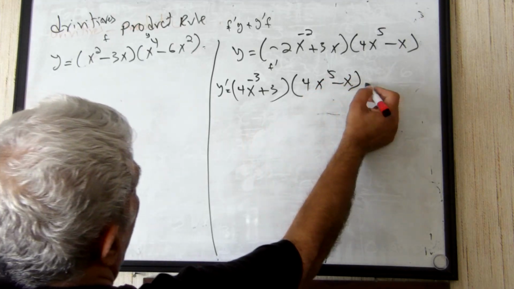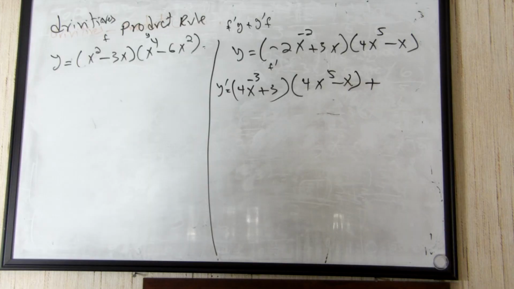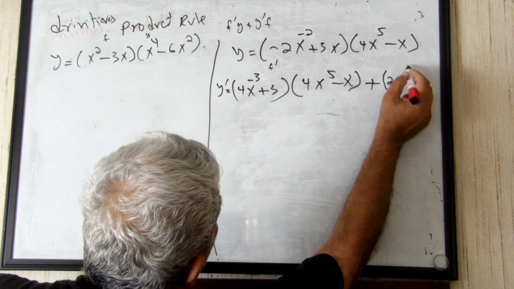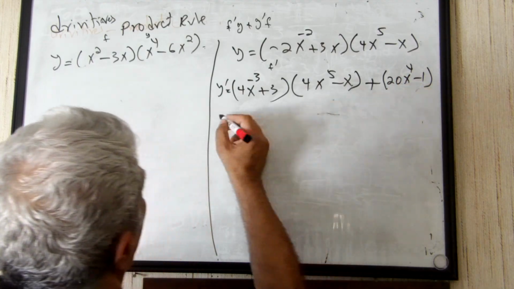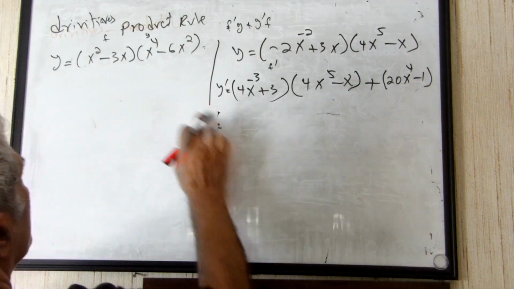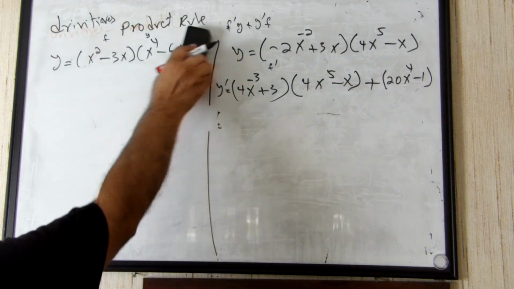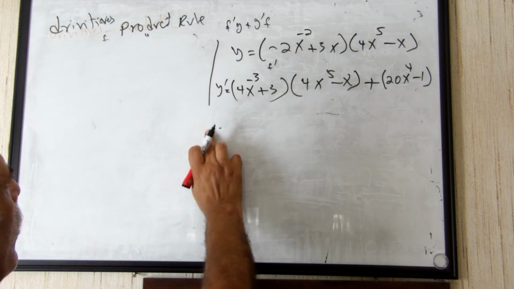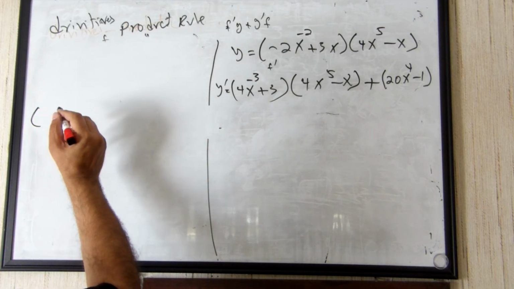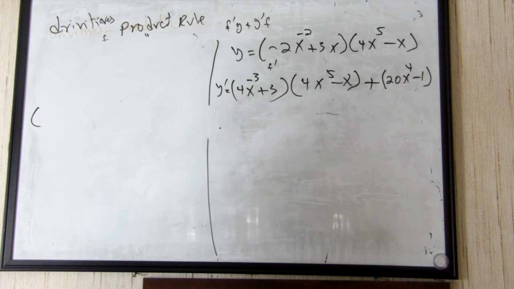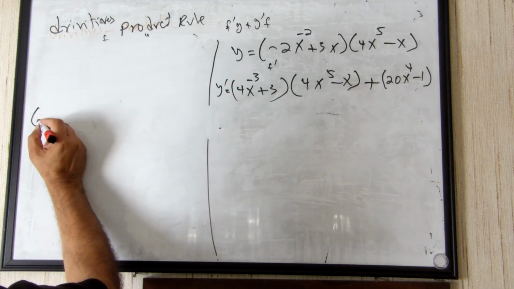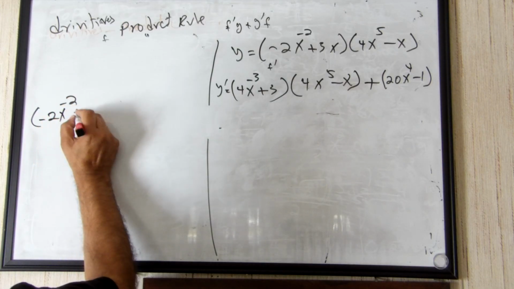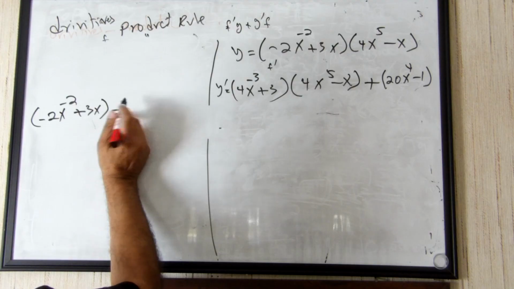And then plus the derivative of this one is going to be 20x to the power of 4 minus 1, times the other one, minus 2x^-2 plus 3x.